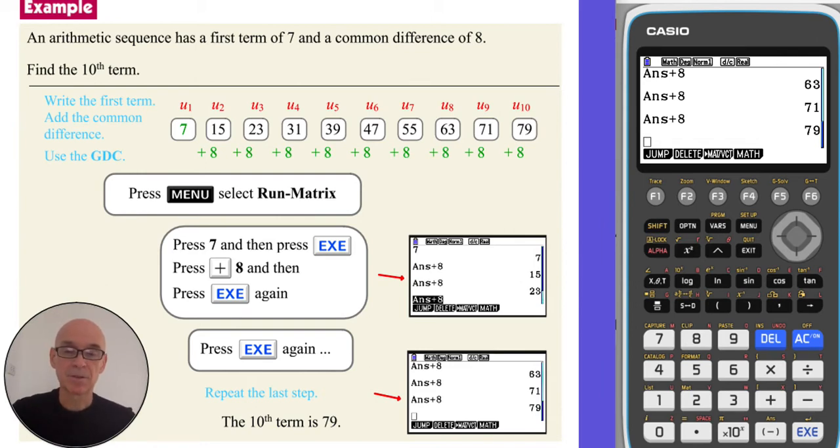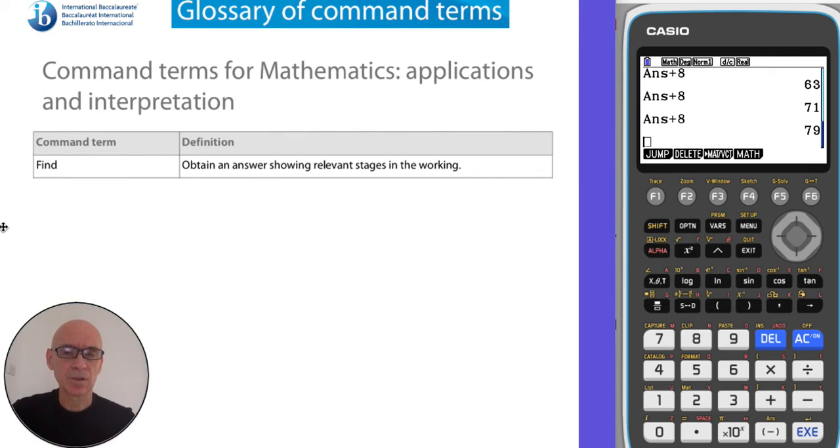Now this method wouldn't really be appropriate if we had to find the 100th or even the 500th term. And looking at the glossary of terms, we see that find is defined by obtaining an answer showing relevant stages of working.